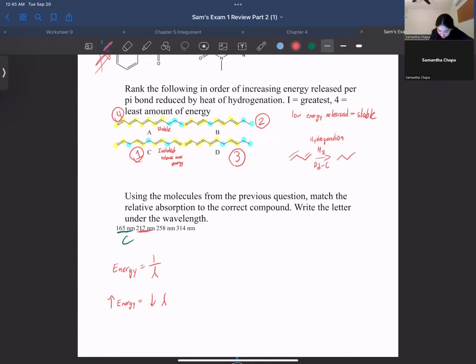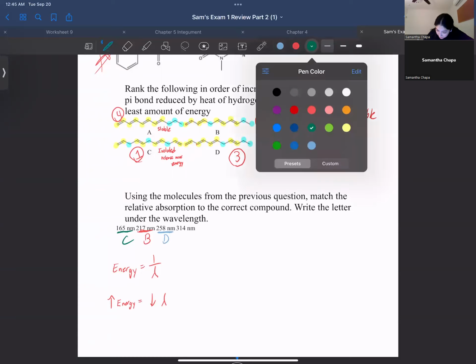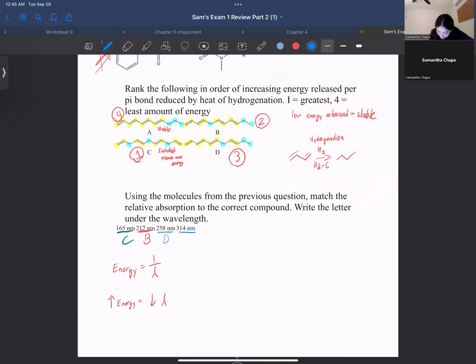Second lowest in wavelength is B. Third lowest in wavelength is D. And the highest in wavelength, so remember high wavelength equals low energy. We said our lowest amount of energy would come from our most stable compound, which is A. There we go.